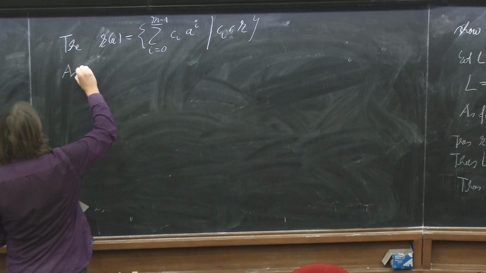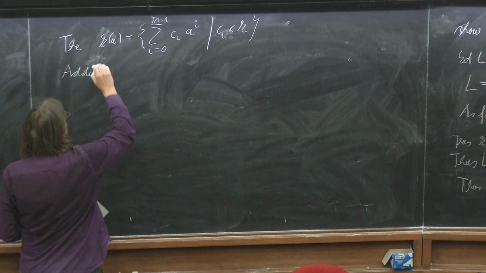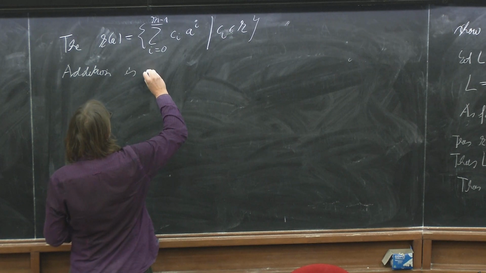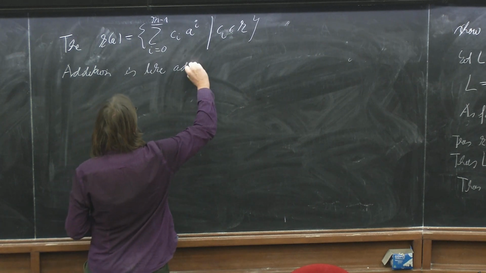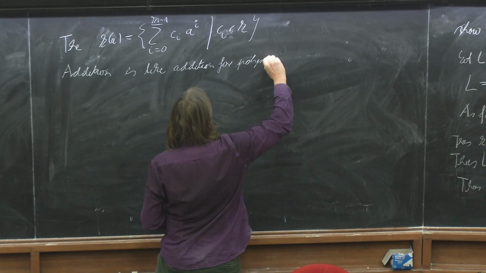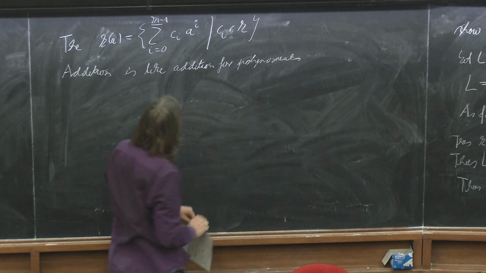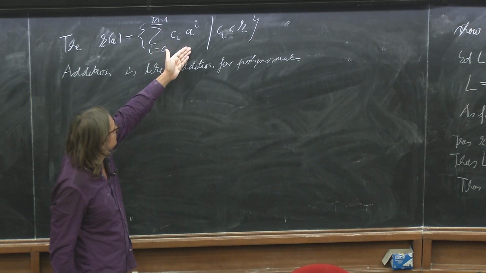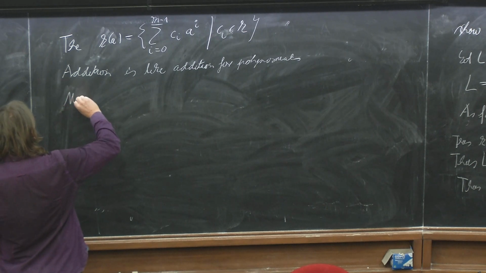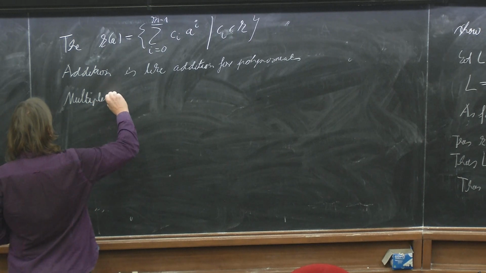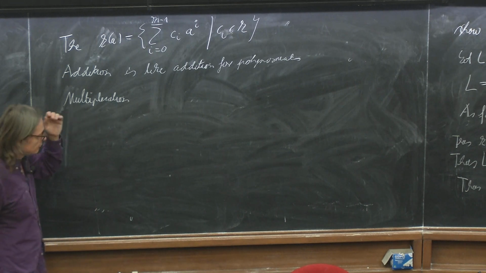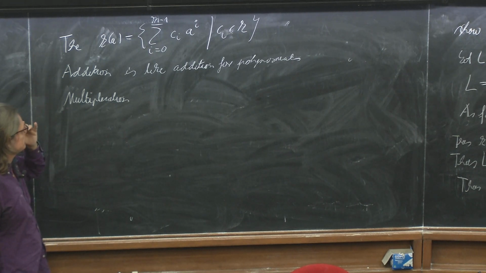For addition, just as for polynomials, you just sum them component-wise. You have two such polynomials in a, you just sum the coefficients. And the multiplication is also, the claim was that this is just the quotient of the polynomial ring by the ideal generated by f.